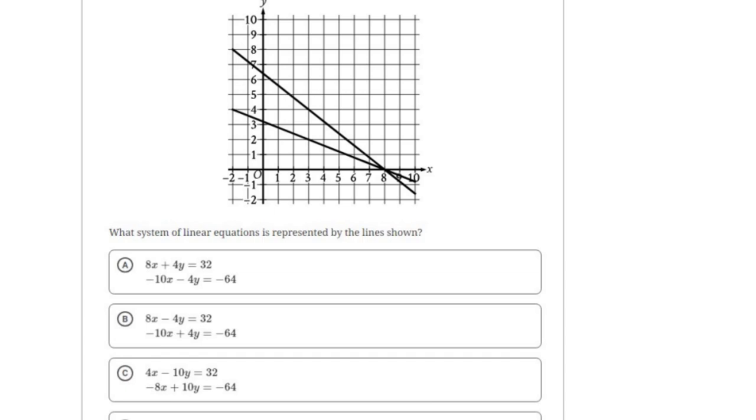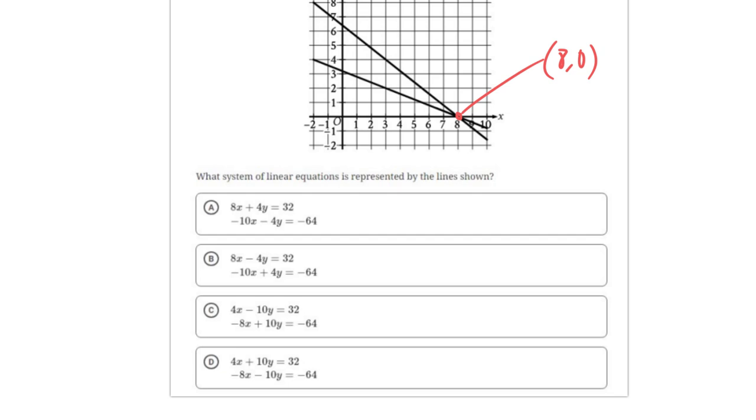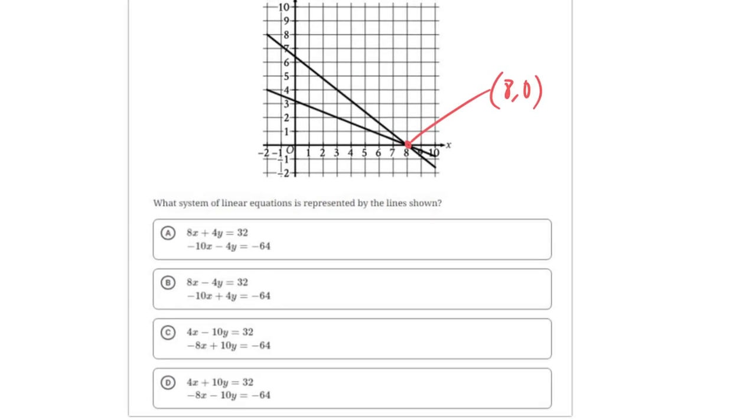A faster way is to realize that clearly the point (8, 0) exists on both of these graphs. So on both of the equations, when x is 8, y is 0. So let's set y equal to 0 and see if x ends up being 8.